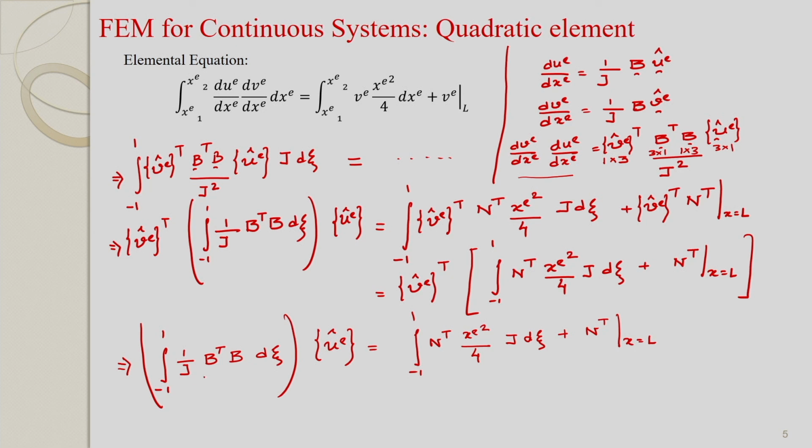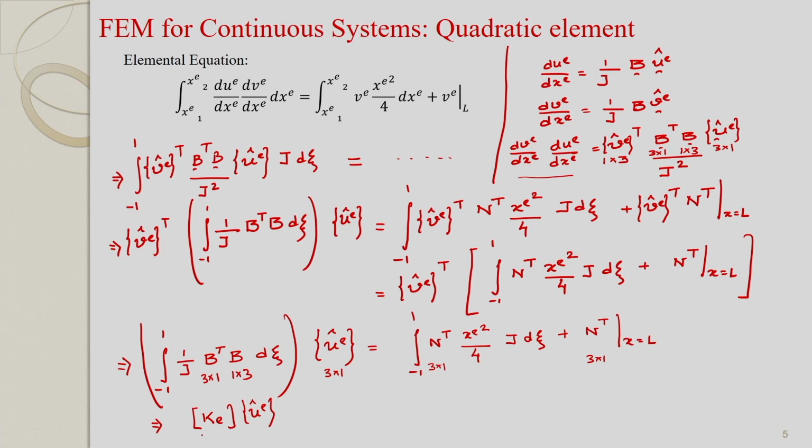this B transpose is 3 cross 1, this is 1 cross 3, u_e hat is 3 cross 1, N transpose is 3 cross 1, the rest are scalar. So, finally, we have this K_e u_e hat.